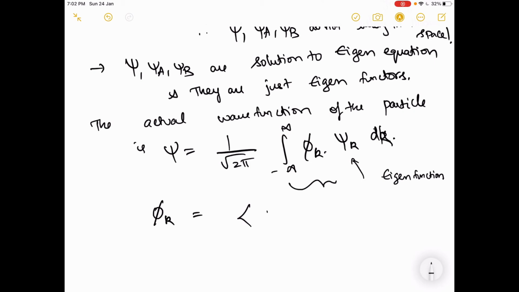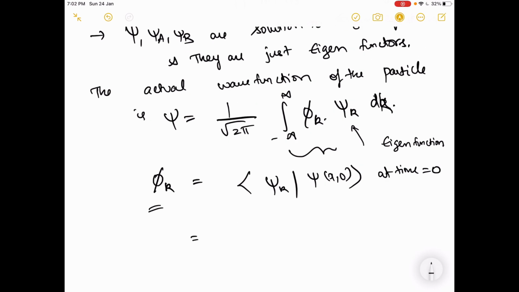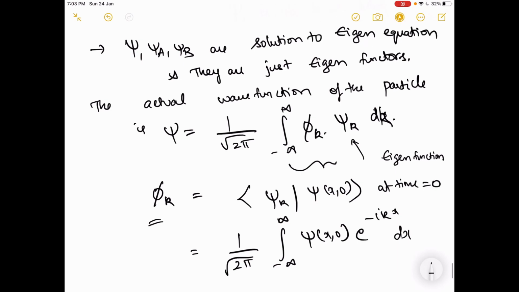If we know psi at time t equal to 0, that is the wave function psi of x comma 0, we can find psi k, that is the coefficients, by writing it in this integral form: the integral from minus infinity to infinity of psi of x comma 0 e to the power minus i kx dx. Remember, these are minus signs.